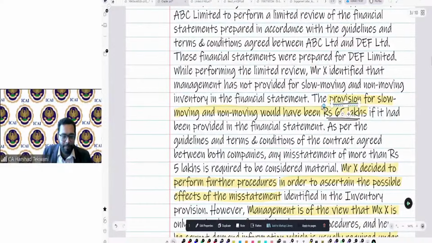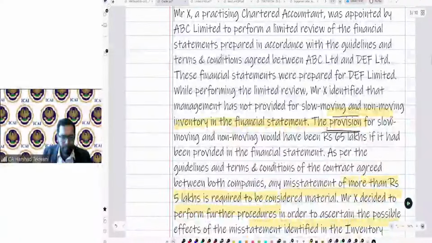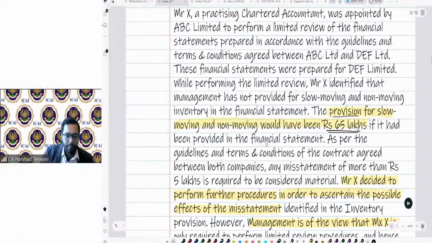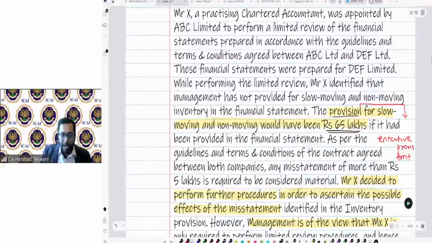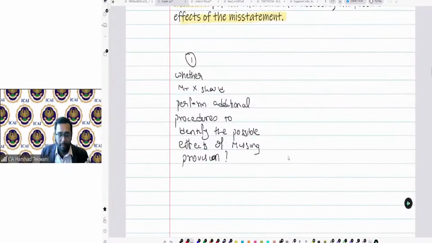It's a tentative provision amount. Now he wants to understand what the possible effects could be, and for that he wants to perform an additional procedure.